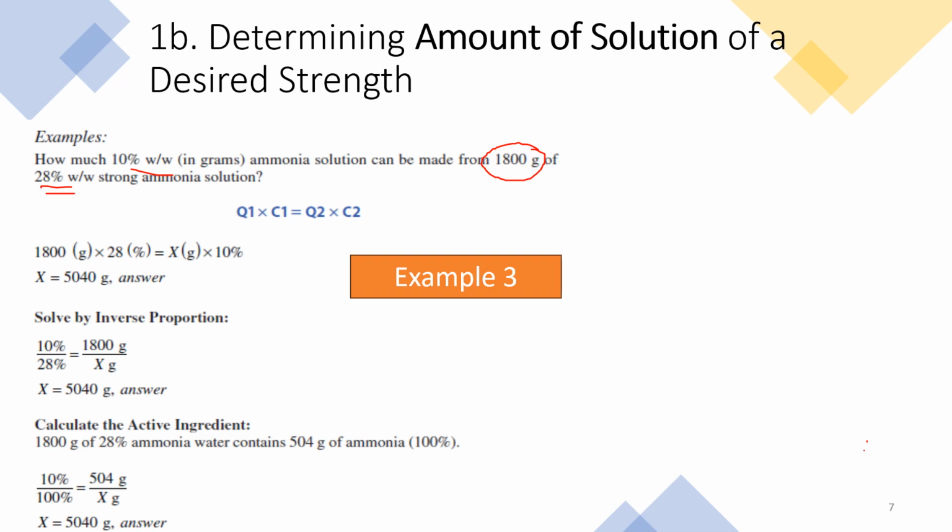By using the same formula and placing the information in the correct places, you get the answer equal to 5,040 gram of the ammonia solution. Q2 concentration.